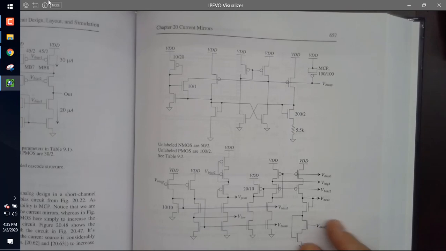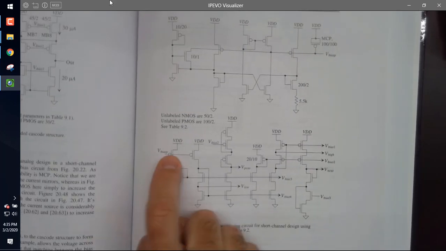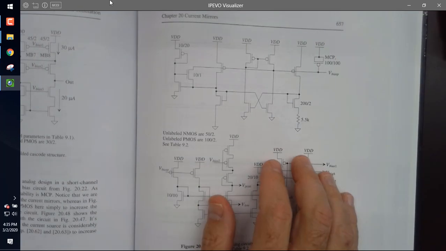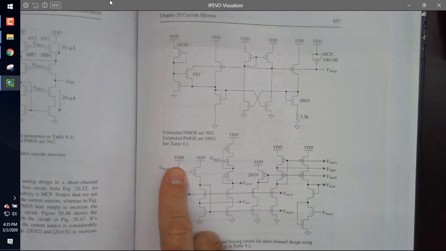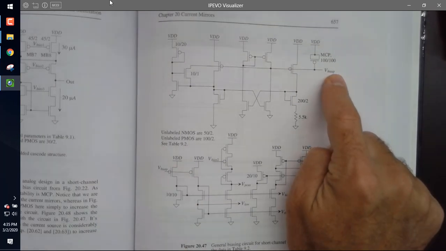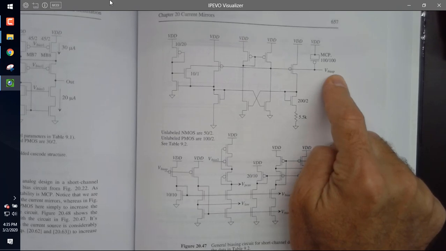Okay? So now let's go here. Any questions on the top part of the short channel bias circuits? In simple terms, what do these do right here? Notice the V bias P comes from right here. Yeah, they're current mirrors.